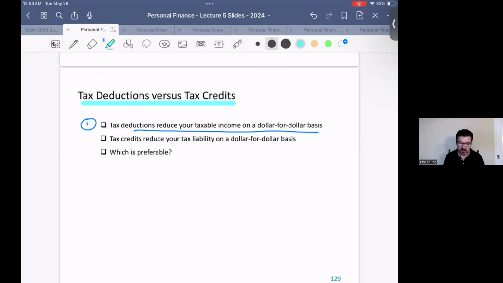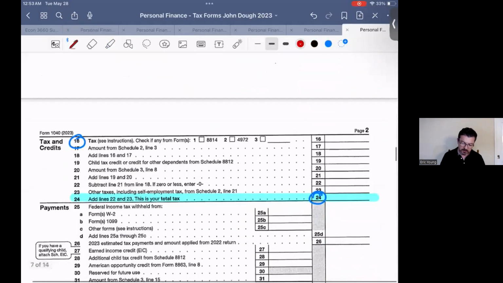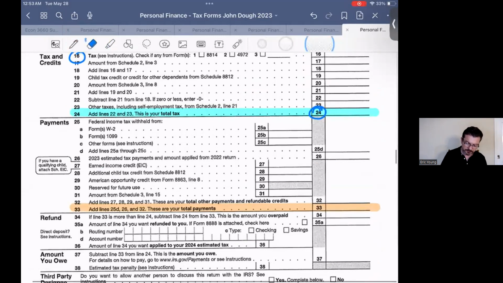That's great. On the other hand, we have what are called tax credits. And whereas tax deductions reduce your taxable income on a dollar for dollar basis, tax credits reduce your whole tax liability. If we go back here, let me clean this up.